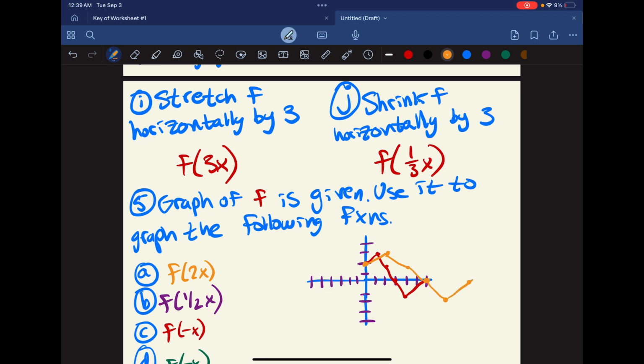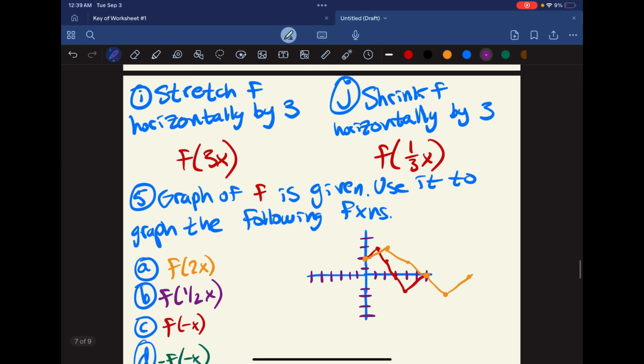This is probably going to get kind of messy kind of fast. But then for the 1/2 thing, similar story, just instead of stretching it, we shrink it. So this would go there. This 2 would go here.